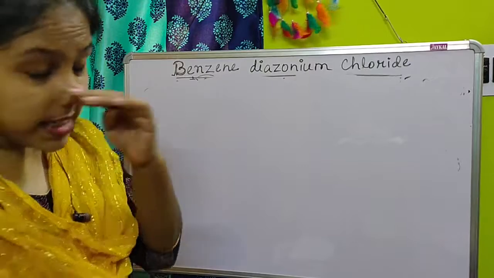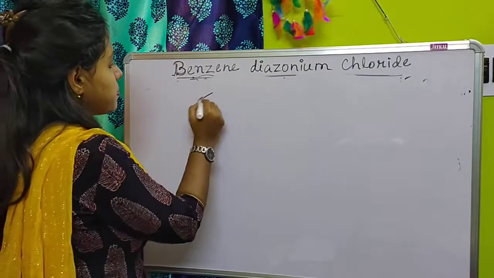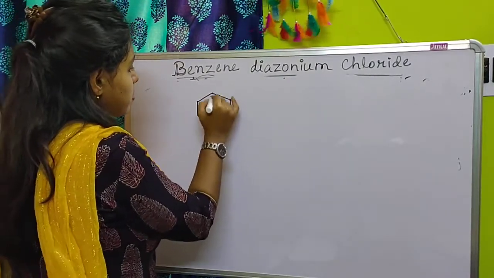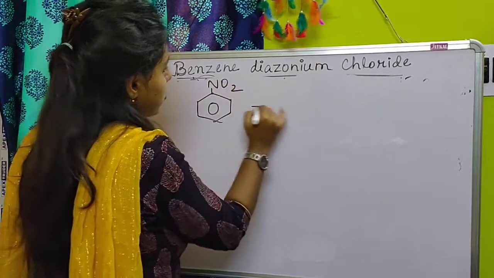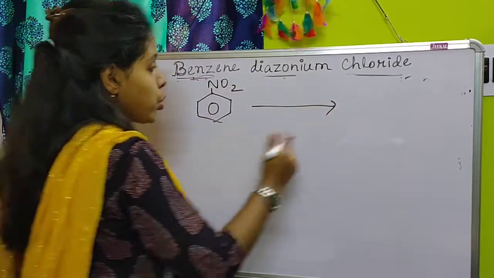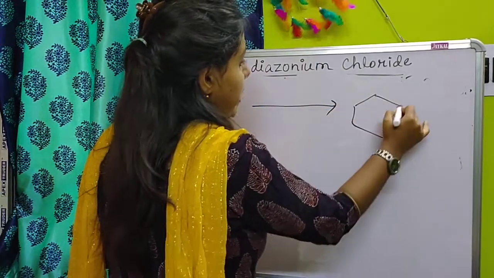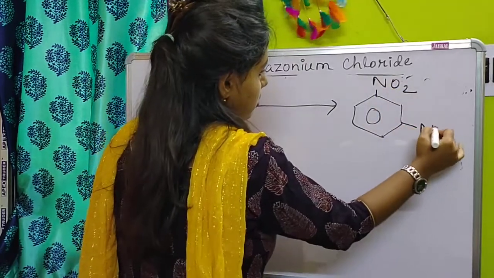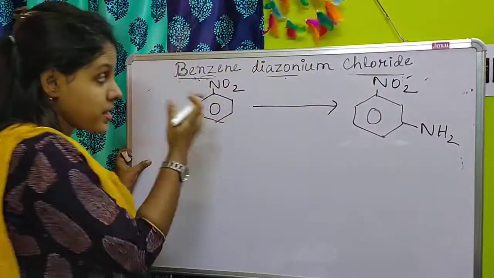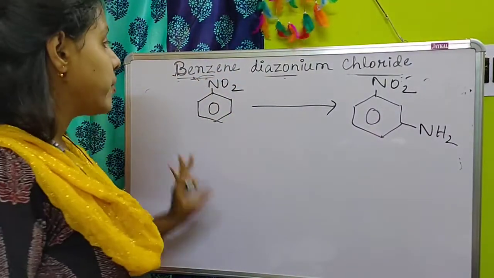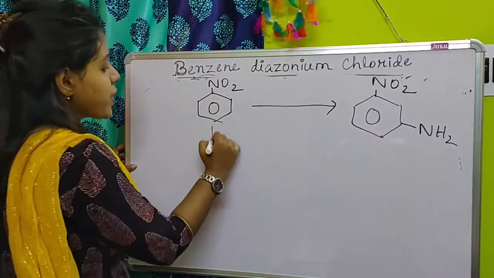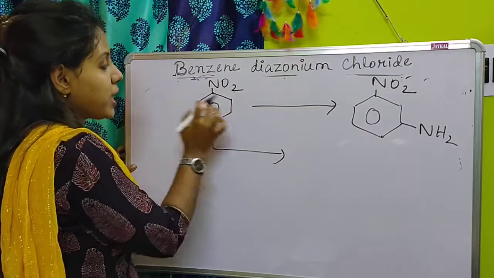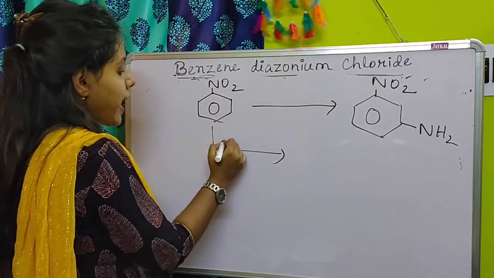Okay. So next is nitrobenzene to metanitroaniline. For this purpose, first we have to do nitration of the nitrobenzene.